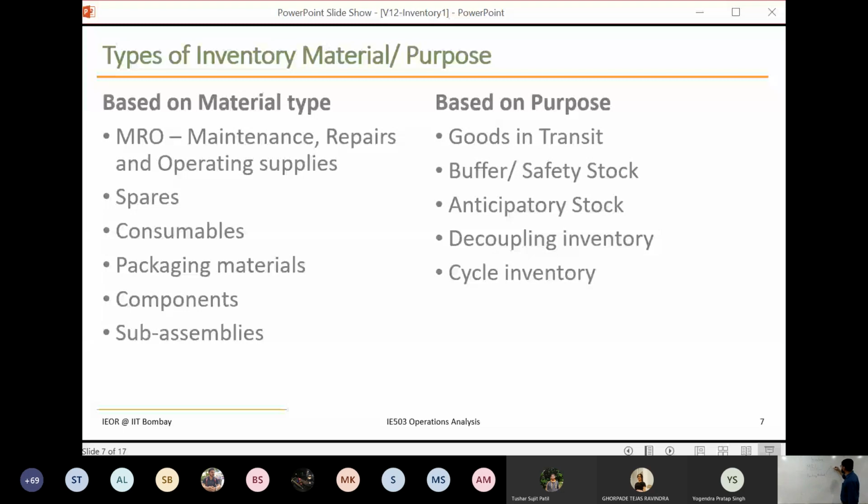Actually, there are two types of packing material: primary and secondary. So primary is packaging without which your product will not be usable. You need the packaging for the product to be usable.